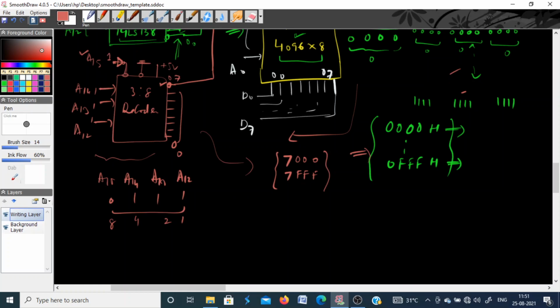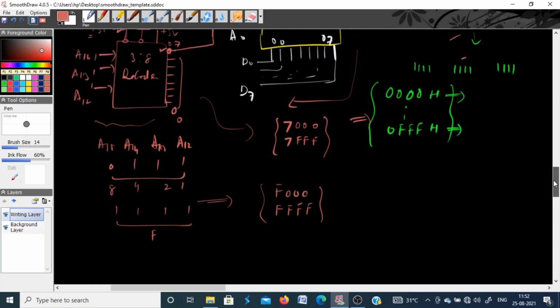Now in this case all 4 inputs should be 1, so it will be 1111, which is F. In that case your memory address range will be from F000 up to FFFFH, if you have used the inverter circuit before A15.